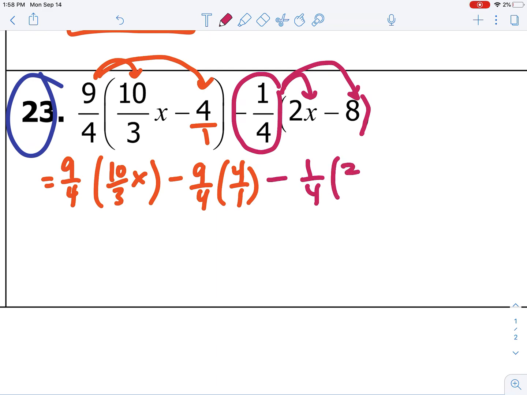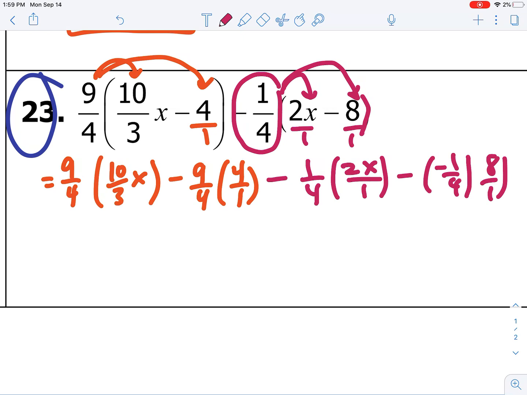So I have negative 1/4 times 2x over 1 minus negative 1/4 times 8 over 1. So from here, we multiply fractions straight across.